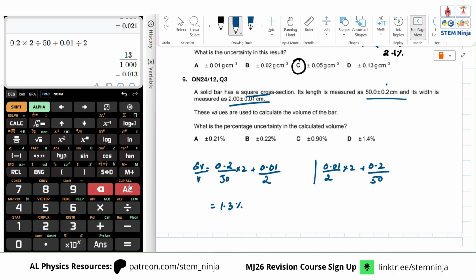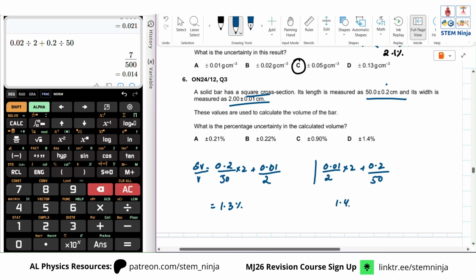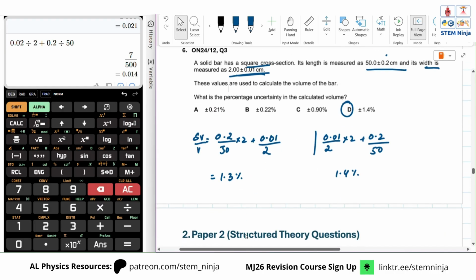And for this one, 0.01 times by 2 is this, divided by 2 plus 0.2 divided by 50. This is 0.014, so 1.4%. So this is the correct one. And also they said its width is measured by that, so it's the width that is the square cross section.